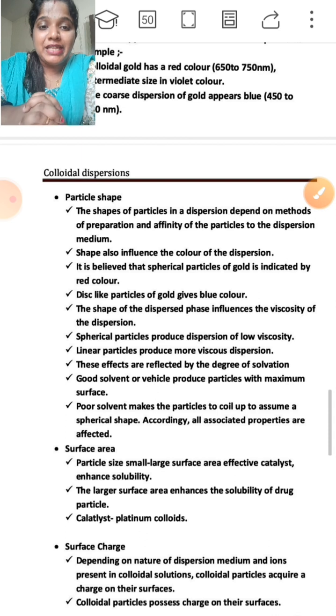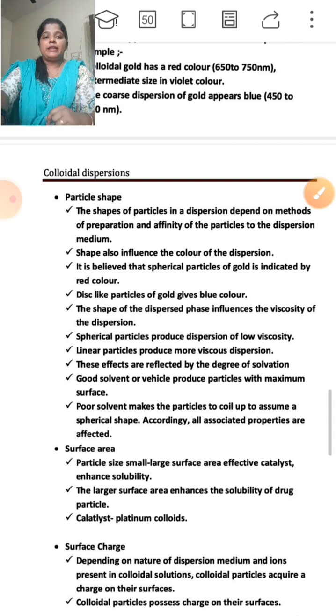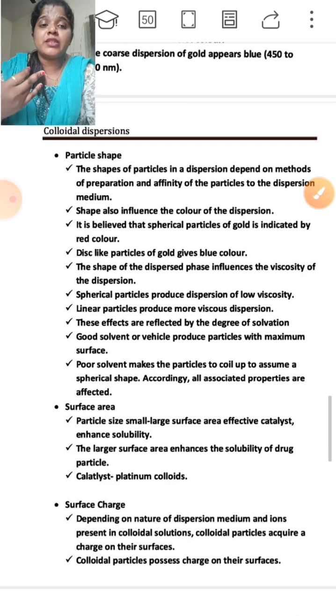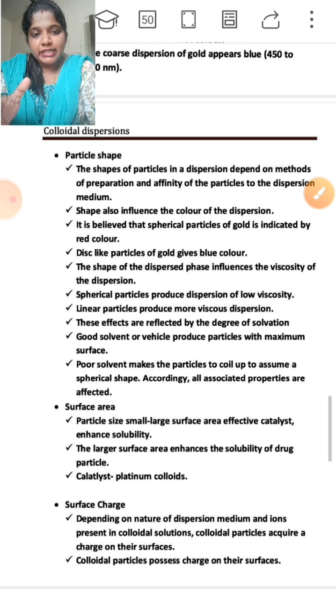It is believed that spherical particles of gold are indicated by red color, and disc-like gold particles give the blue color. The shape of the dispersed phase also influences the viscosity of the dispersion medium. Spherical particles produce dispersions of low viscosity, and linear particles will produce more viscous dispersions.